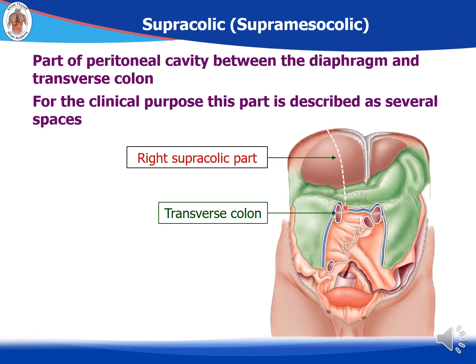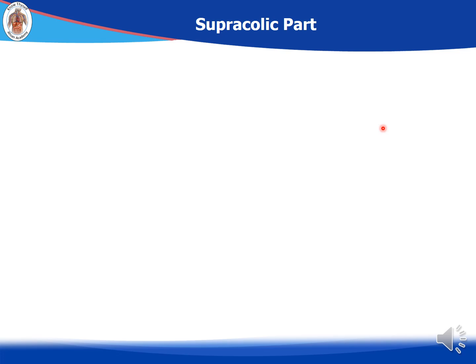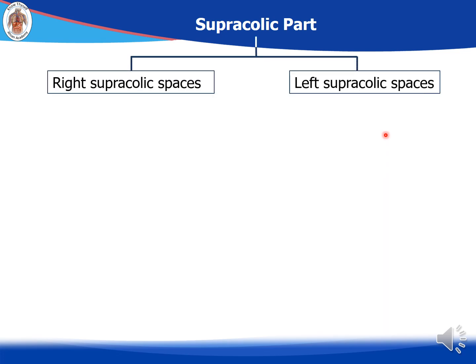If I draw a line, we can see this is the total supracolic region. The midline will divide the right side and the left side. This is the total right supracolic area, and this is the left supracolic area. So let us summarize: right supracolic space, left supracolic space.